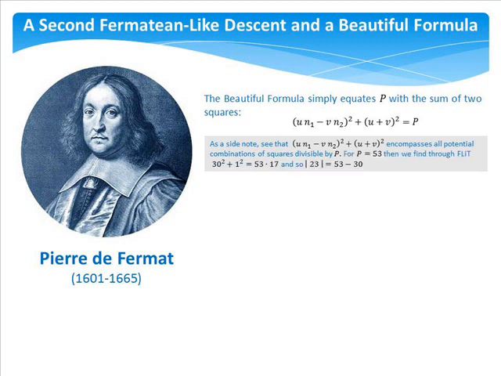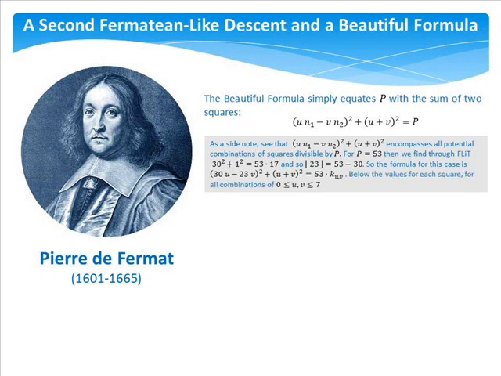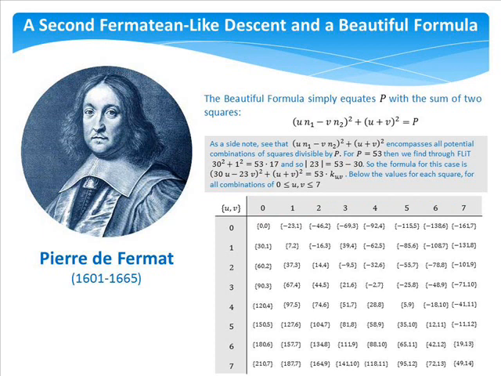For prime 53, then we find through Fermat's little theorem that 30 squared plus 1 equals 53 times 17. And so 23 equals the absolute value of 53 minus 30. So the formula for this case is the square of 30 times u minus 23 times v plus the square of u plus v equals 53 times k. Below there are the values for each square for all combinations of u and v bigger than 0 and smaller than 8.